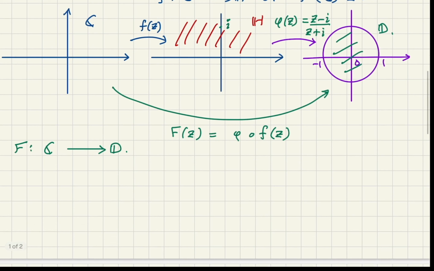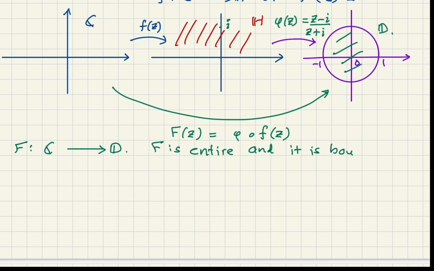Now, by Liouville's theorem, we can say that F should be a constant function, because F is entire, because it is analytic in the whole complex plane, and it is bounded because it maps the whole complex plane to the unit disk.